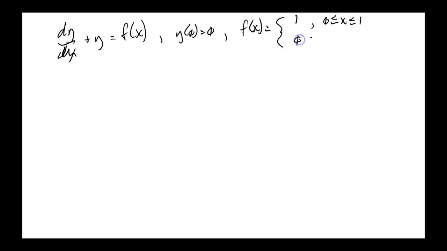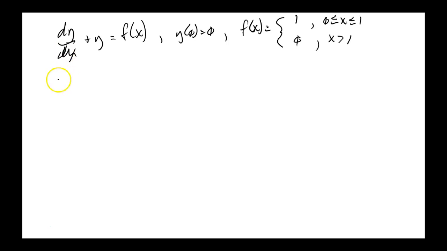But it's 0 anywhere x is greater than 1. And that is indeed a jump discontinuity at x equal 1. Constant function of 1 between 0 and 1, and then 0 from there on out. Jump discontinuity. All right, so what we do is solve both differential equations.